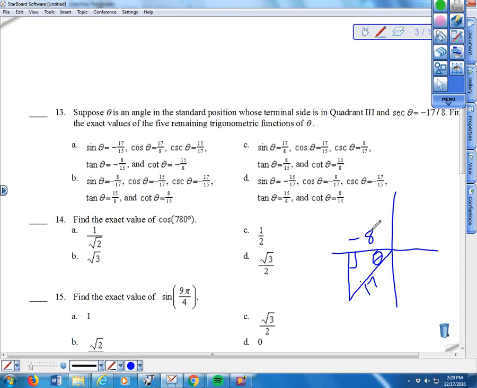Find the exact values of the remaining 5. Okay. 17, 8, 15, and it's negative. So sine is negative 15/17, and this is the only one.